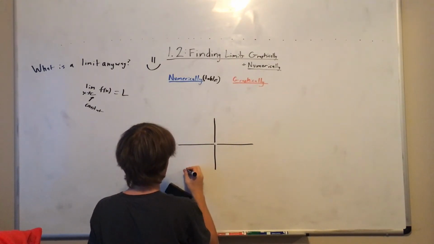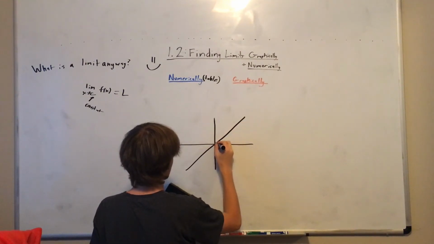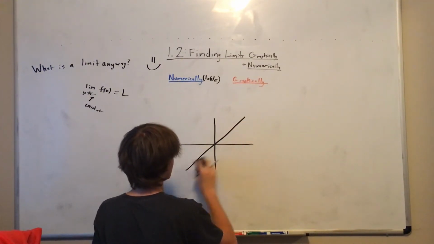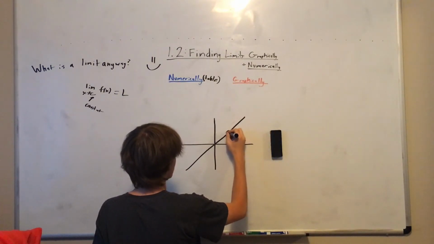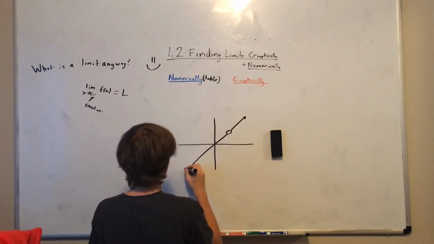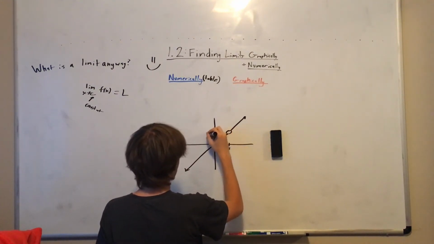Let's have a line. Except right here there's a hole. And let's say that that's at 3, 3, 3.